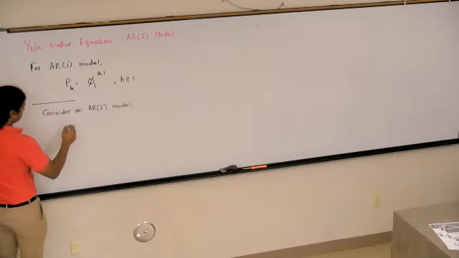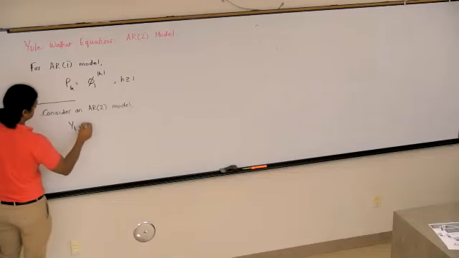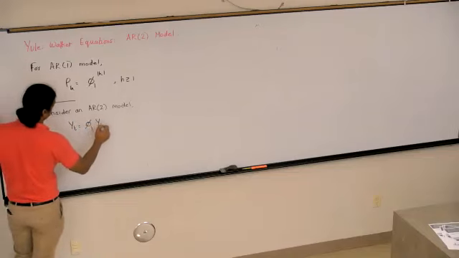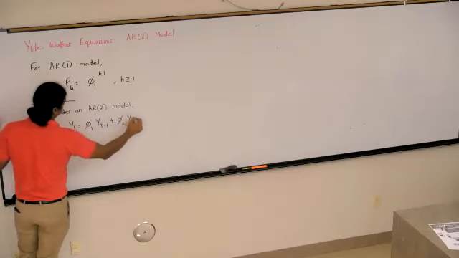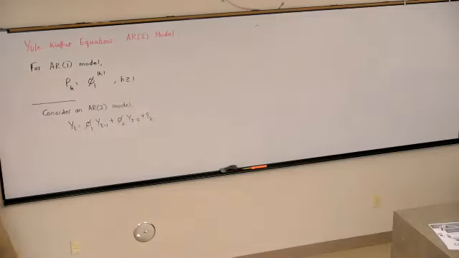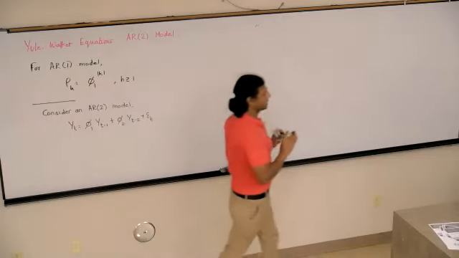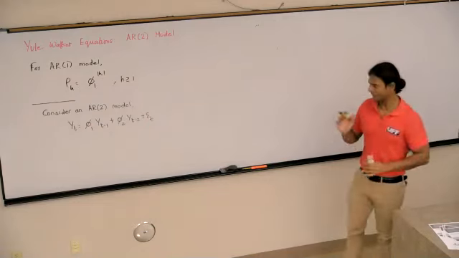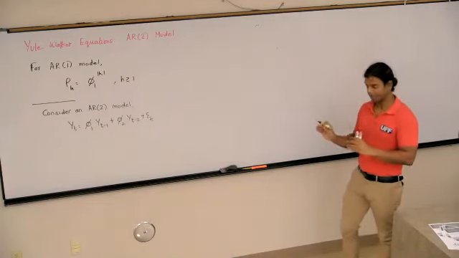An AR2 model can be expressed as yt equals phi1 yt minus 1 plus phi2 yt minus 2 plus epsilon t. Correct. Now, Yule-Walker equations are amazing because we can transform them into matrix form.